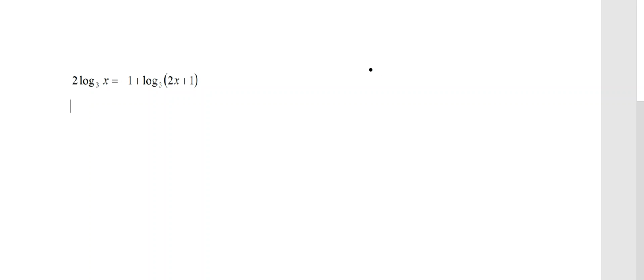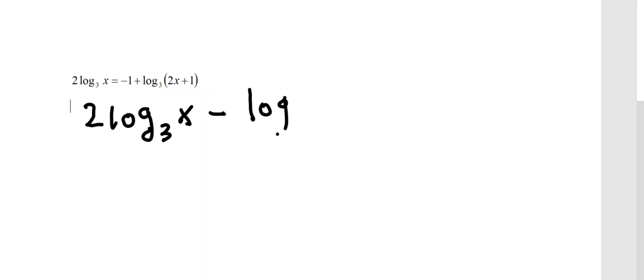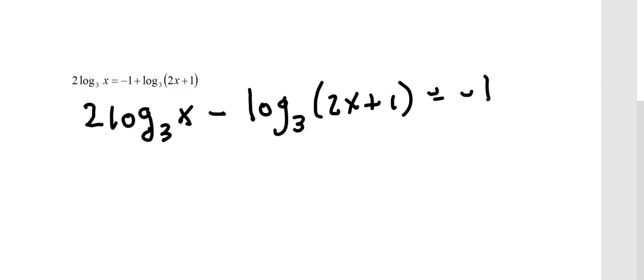So I'm going to have 2 log base 3 x minus log base 3 of 2x plus 1 equals -1. The next thing I want to do is combine these two logarithms using the subtraction rule.